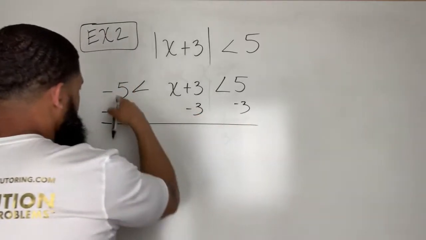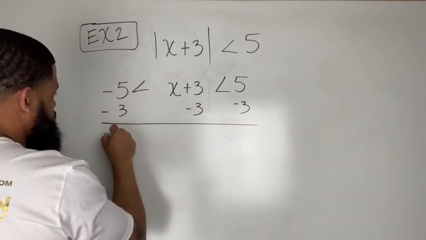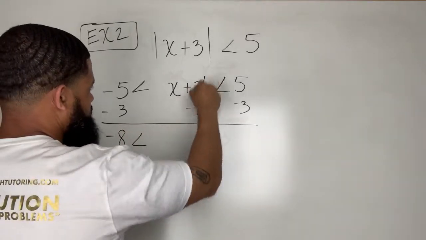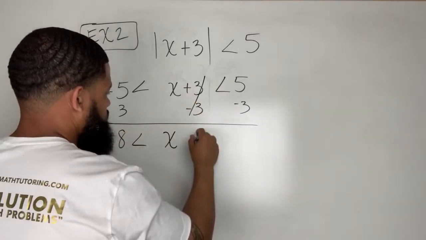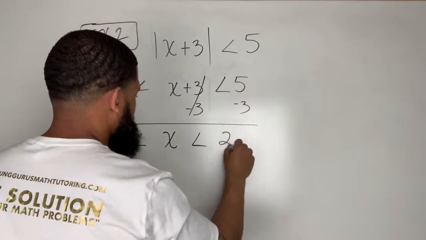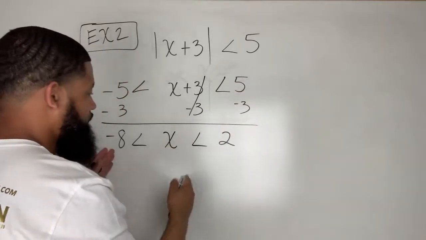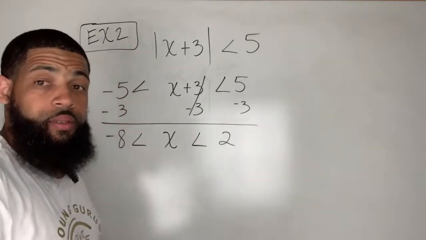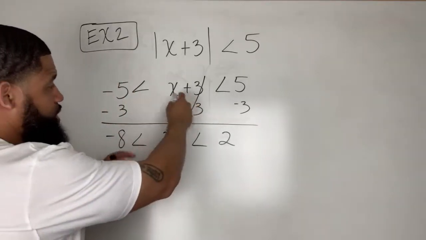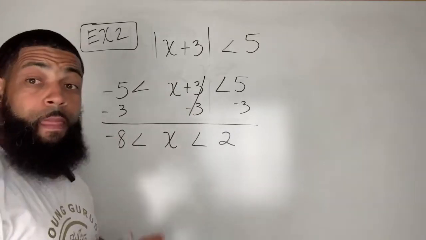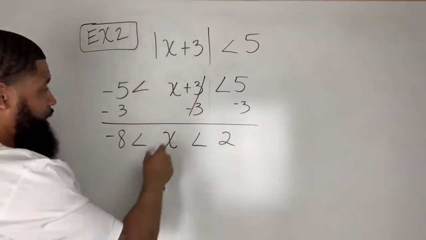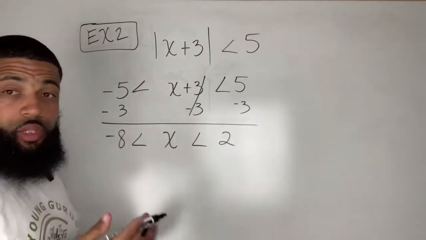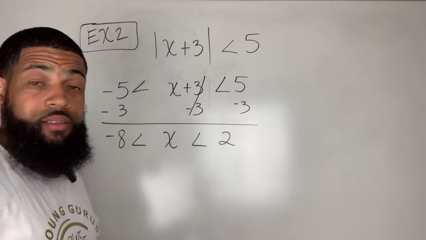Then -5 minus 3 is -8, which is less than x, which is less than 5 minus 3, which is 2. So x is between -8 and 2. Notice all I did was get the variable by itself by simply using inverse operations, and now that is my solution. So x is between -8 and 2.